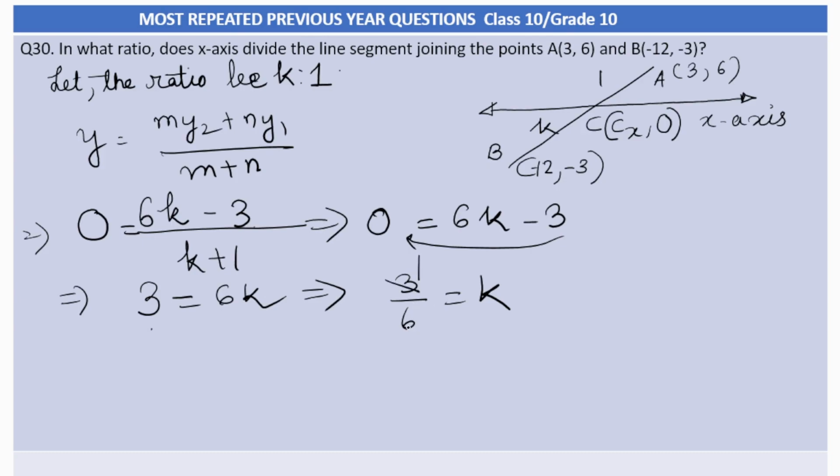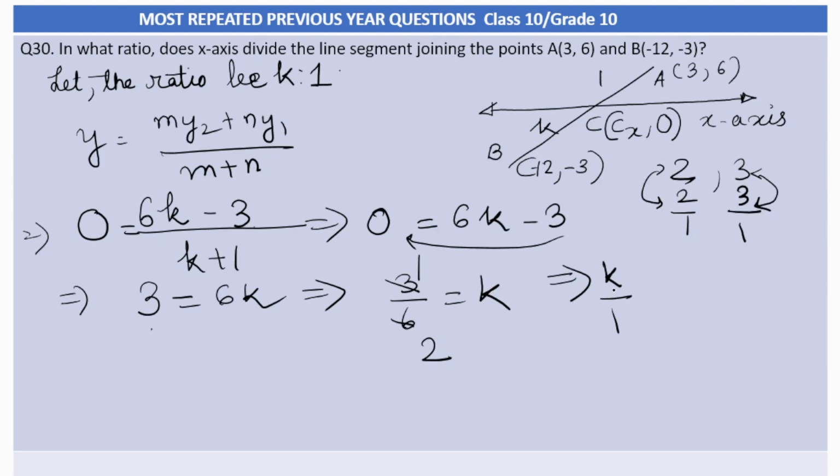Now I can remove the common factor 3 from numerator and denominator, so k is equal to 1 by 2. Writing 2 by 1 or 3 by 1 is the same thing as writing it like this or like this.